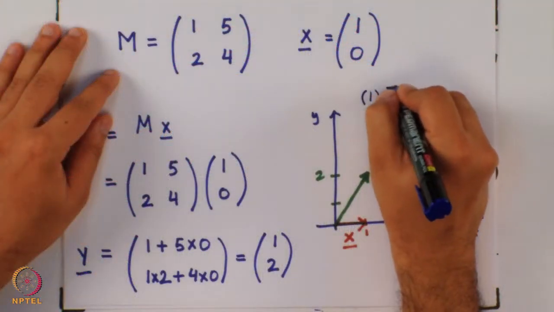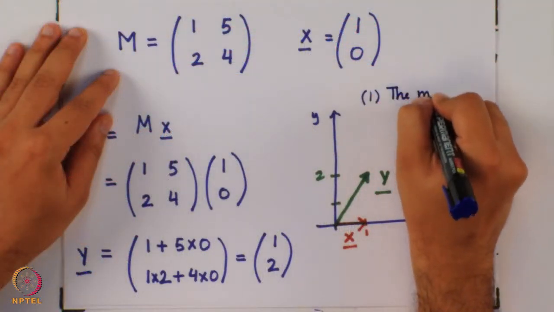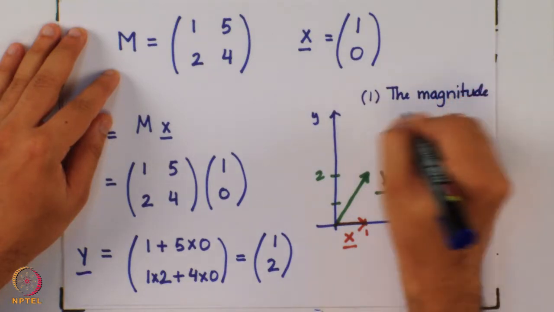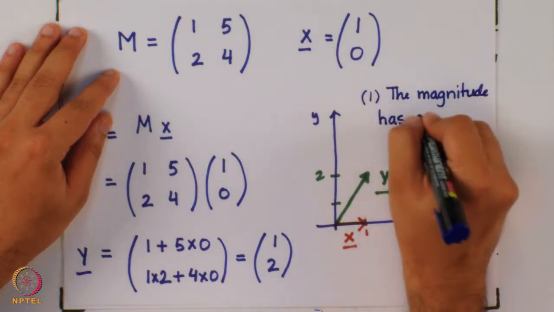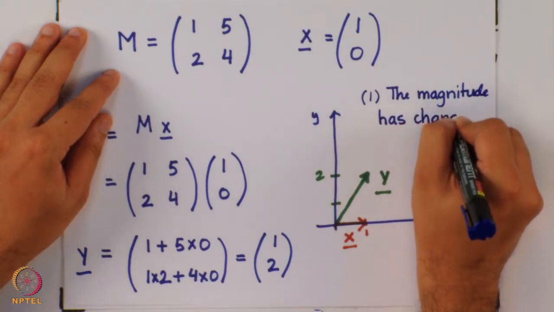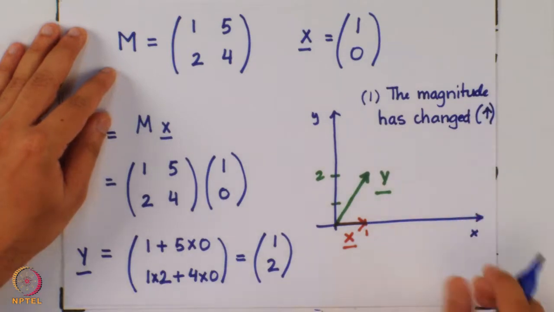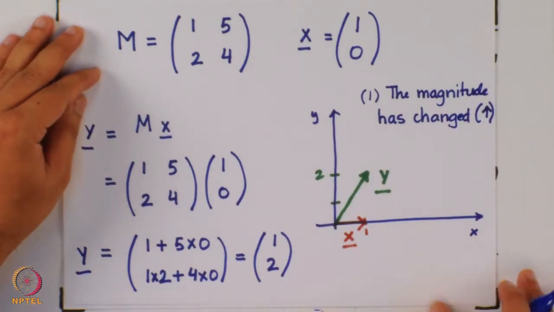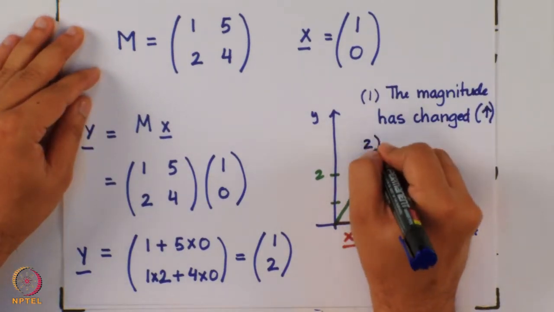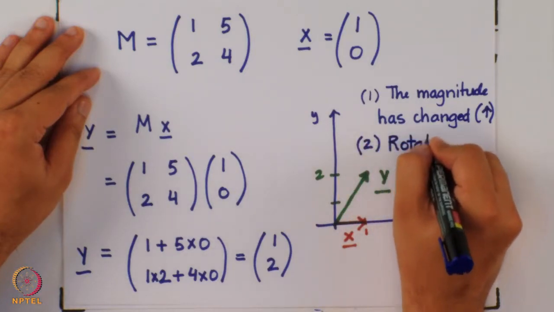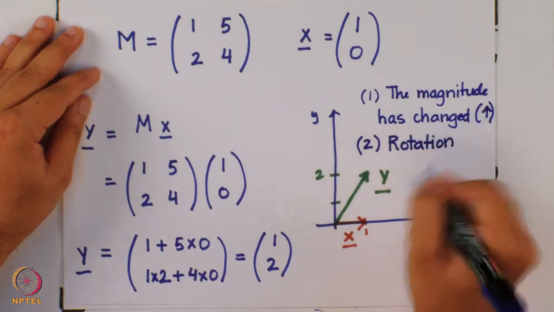So, two things have happened here: first, the magnitude has changed, in our case it has increased, but in general the magnitude could decrease as well. And second, there has been a rotation of the vector in the xy plane.